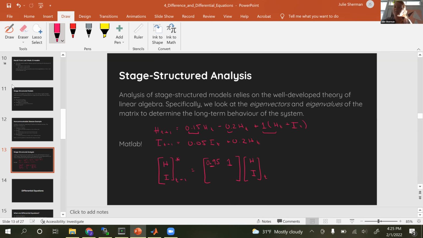Okay, I'm going to fill in this one here. So we know that the contribution from the infected at time t to the infected at time t plus 1 is 0.05. And hopefully now, if things are starting to make sense, you guys can tell me in the chat what the last number should be to fill in my matrix.